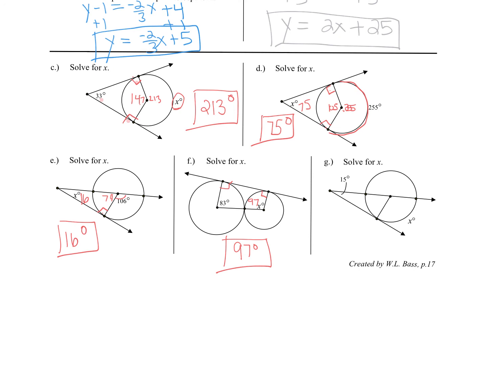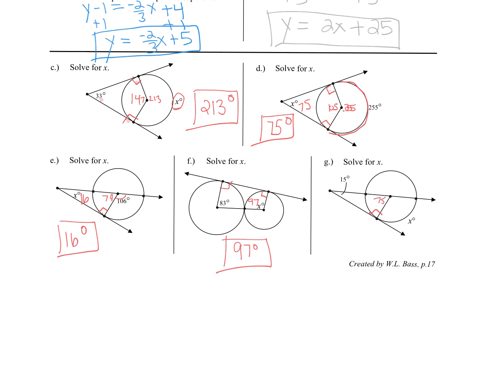And our last one here, if this is 15 degrees right here, and then we know that this has to be 90 degrees, and if we look at this triangle sum here, and if I take 180, subtract out my 90, subtract out my 15, then what I'm going to be left with is 75 here.